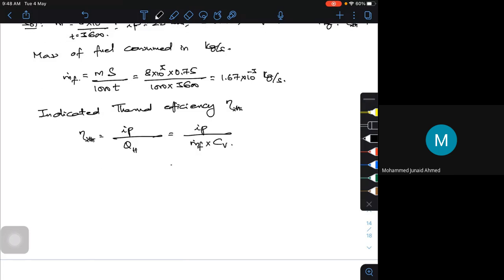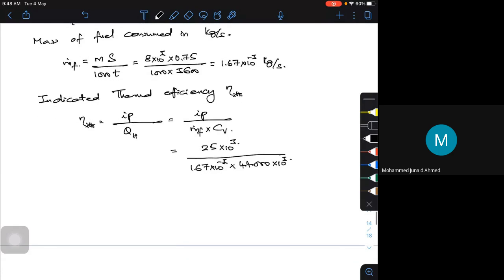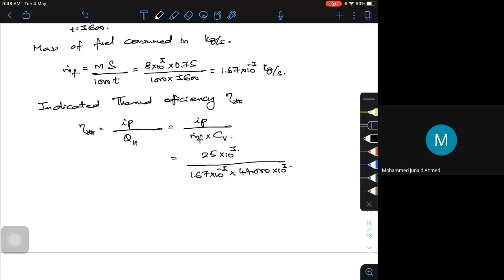So it is 25 into 10 to the power of 3 divided by 1.67 into 10 to the power of minus 3 into 44,000 into 10 to the power of 3, because it's kilojoules per kg. Either you can keep IP in kilowatts, so the numerator and denominator are both in kilowatts.